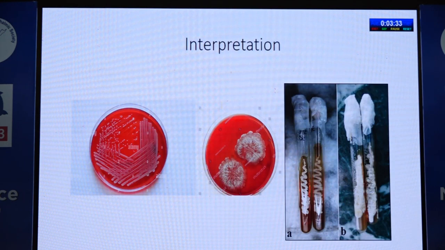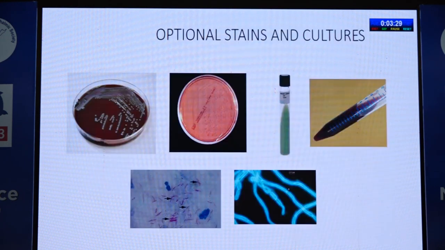In cultures, we can see bacterial and fungal growth, and in SDA, this is the fungal growth. We can go with an optional medium if you suspect other organisms: MacConkey if you suspect enteric organisms, Lowenstein-Jensen for mycobacteria, and NNN medium with E. coli if you suspect Acanthamoeba, and atypical stains like acid fast and also calcofluor white and Giemsa for fungi.